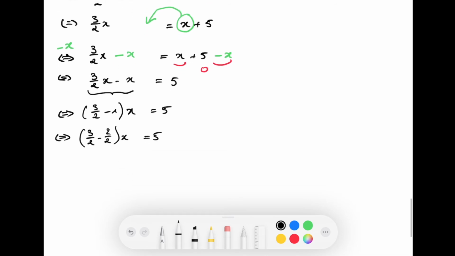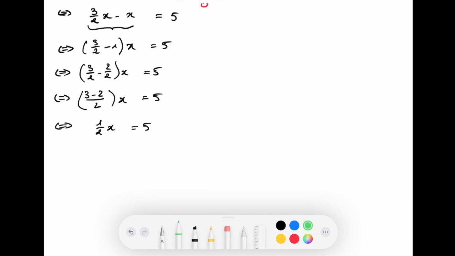I'm really writing this out now, which is equal to 3 minus 2 divided by 2 times x is equal to 5. And we get 1/2 x is equal to 5.